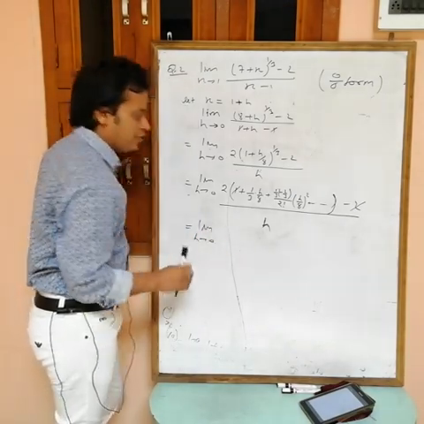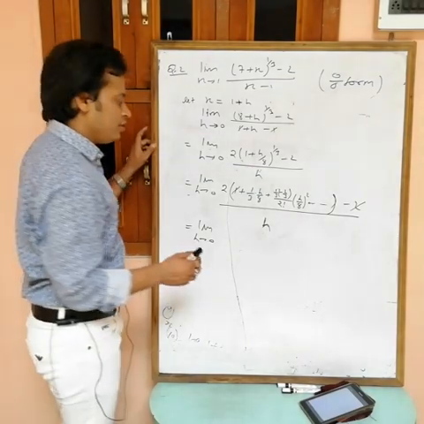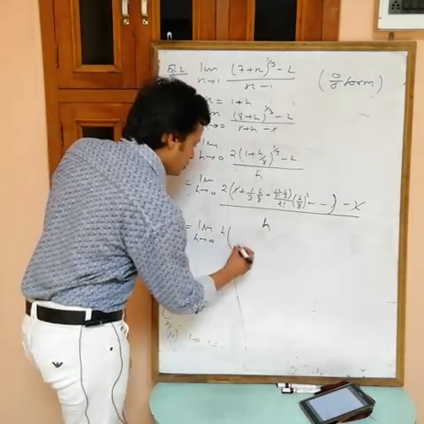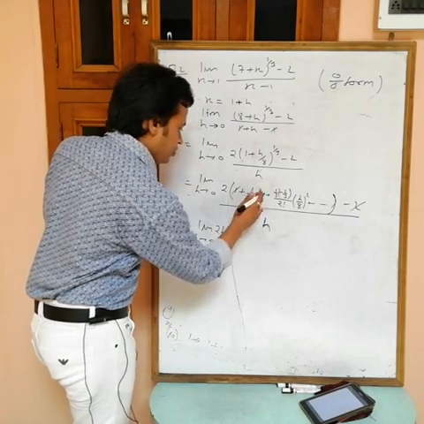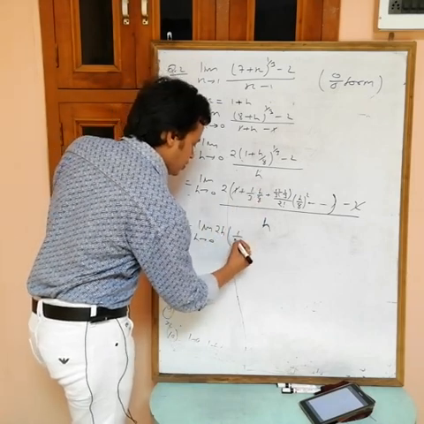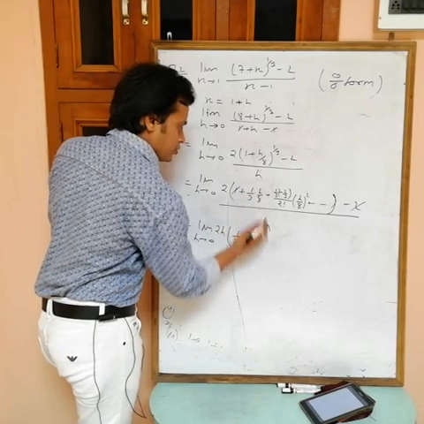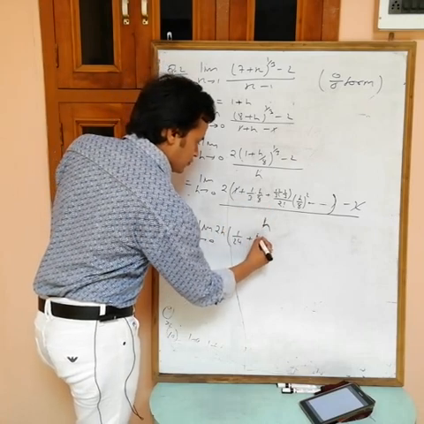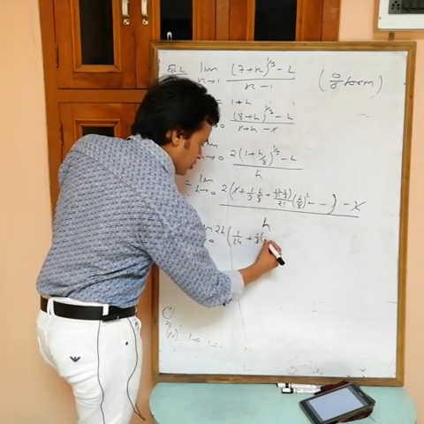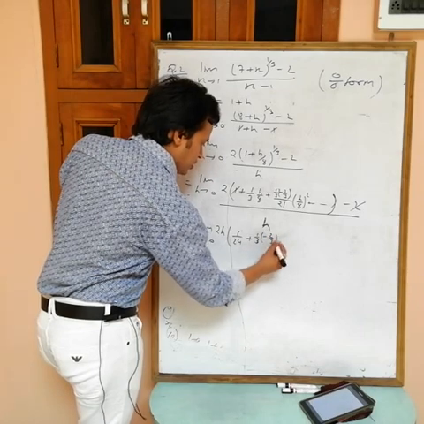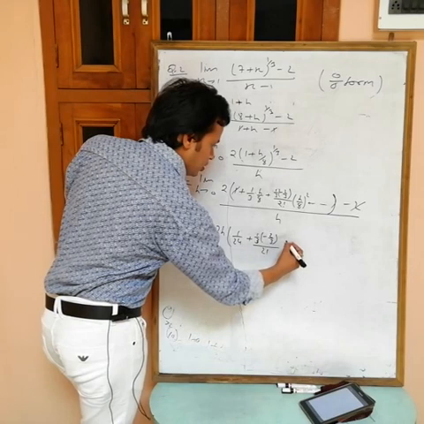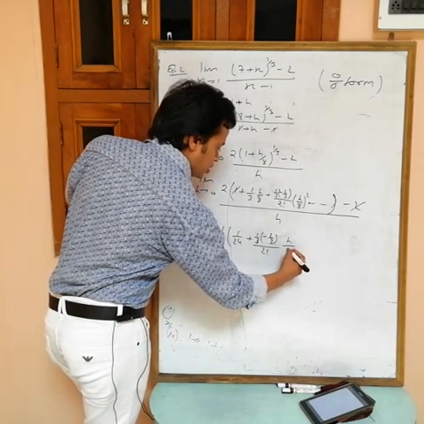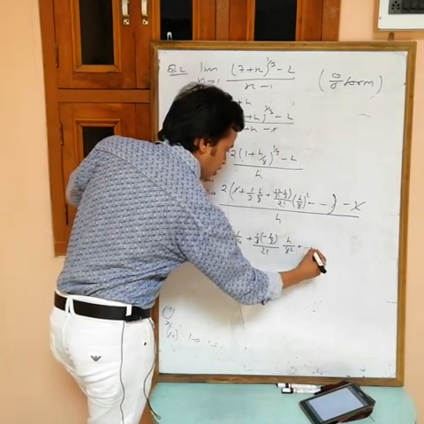Limit h tending to 0, because now we have to simplify. If you take h common, what will you get? Here 2 we already have. Here you will get 1 by 24, that is 8 into 3, plus 1 by 3 into minus 2 by 3, by 2 factorial, one h common, then h, and 8 square remains.